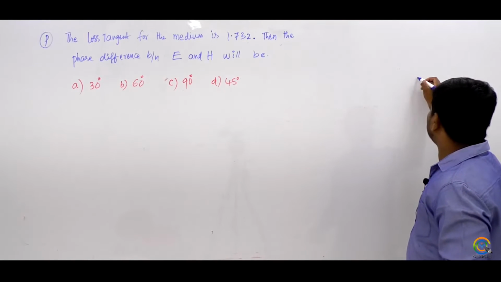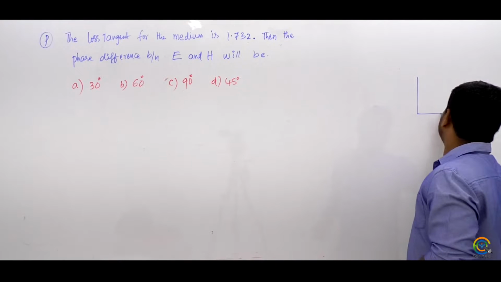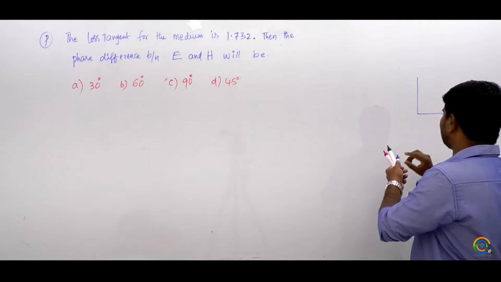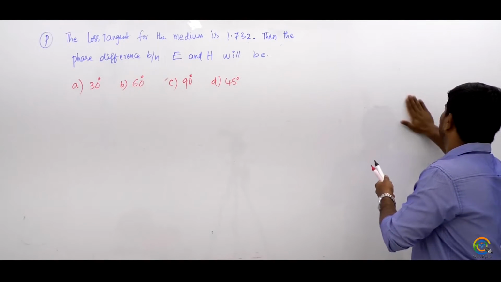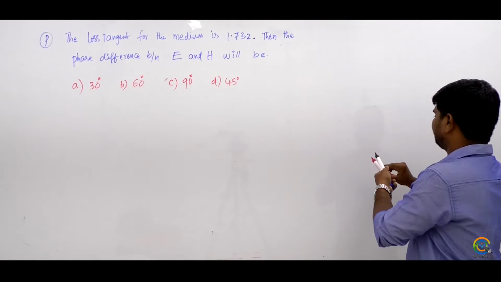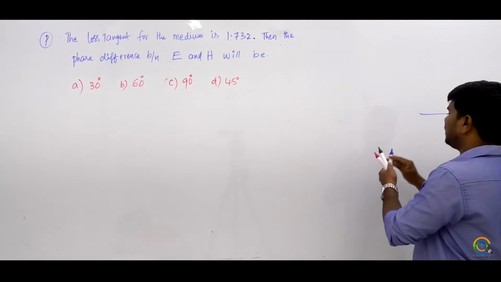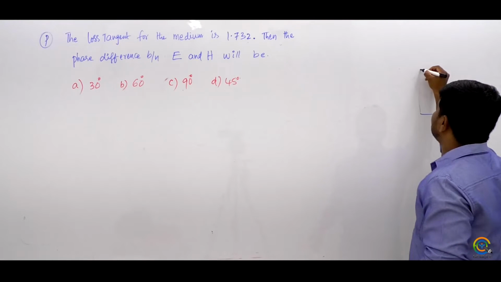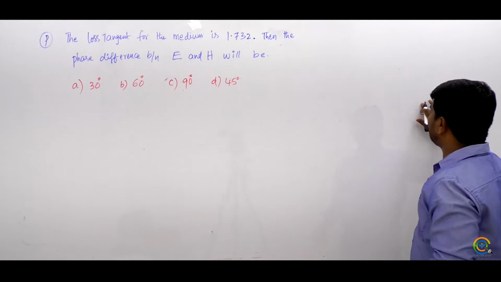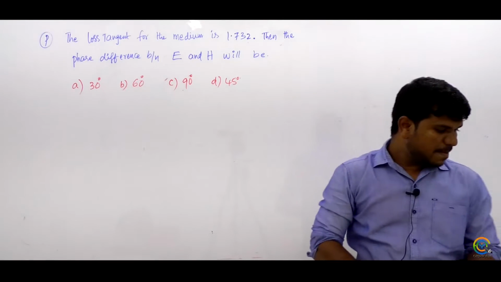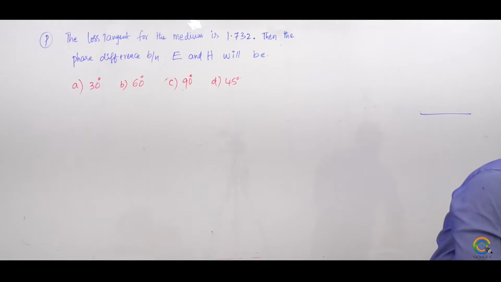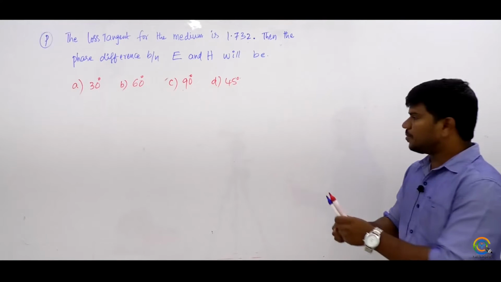Let us suppose this is the electric field direction, E. The electric field direction is perpendicular to the magnetic field direction and perpendicular to the propagation direction.